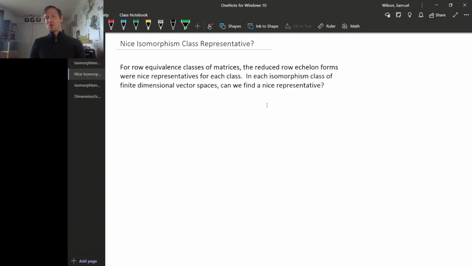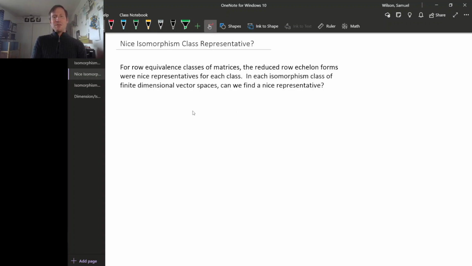So we could ask the same question about isomorphism classes. In each isomorphism class, is there some single nice representative of the whole class that we can use as a stand-in for the whole isomorphism class when we're thinking about different isomorphism classes?